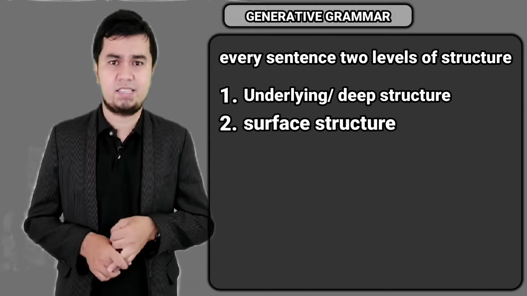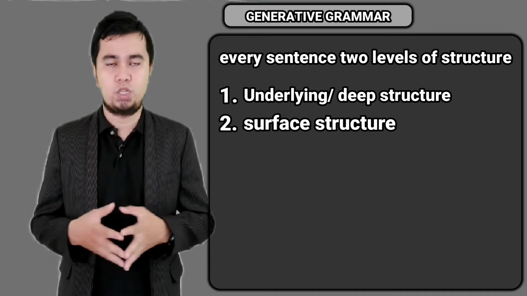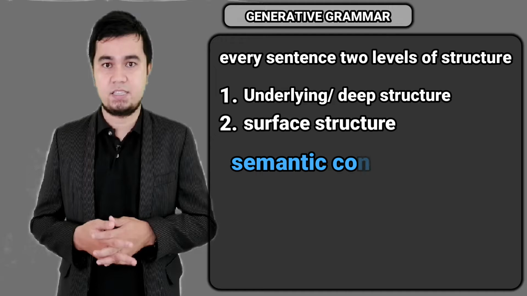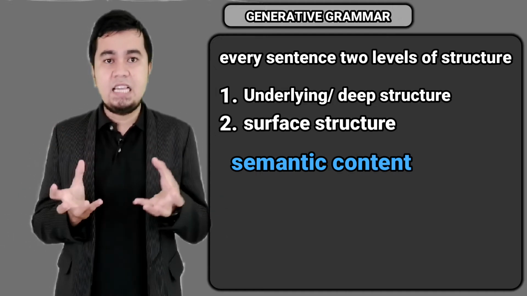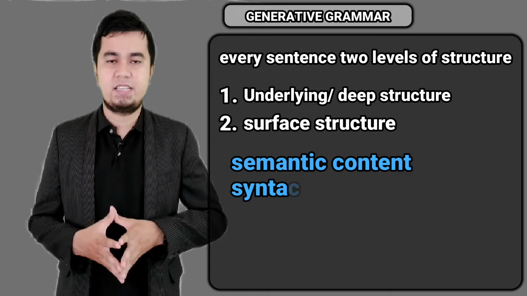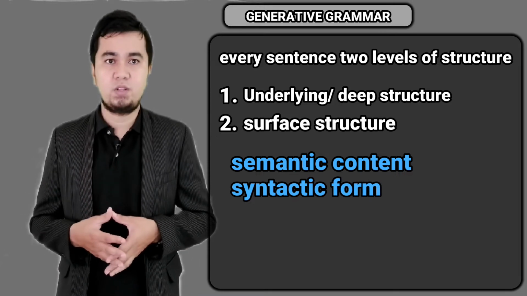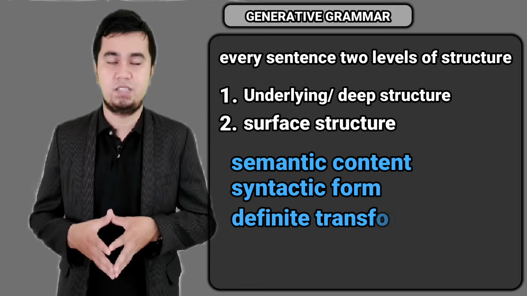So what are these? When we say underlying or deep structure, this is closer to the semantic content of the sentence, while on the other hand, the surface structure digs to the syntactic form of the sentence. The underlying deep structure is mapped into the surface structure with definite transformations.